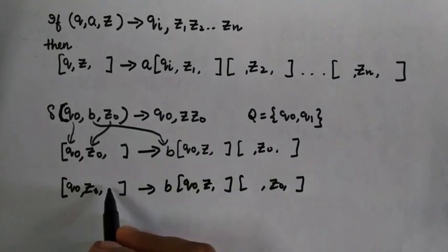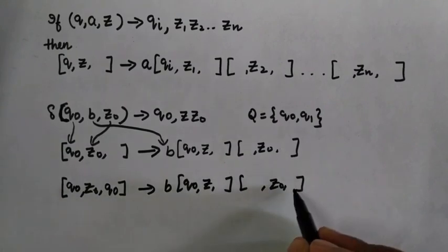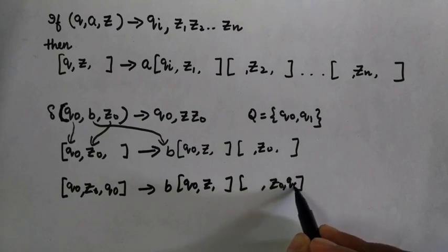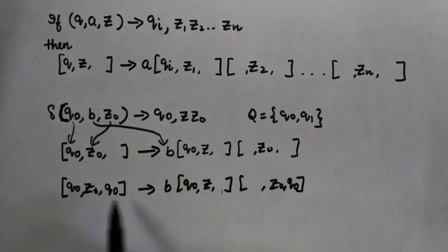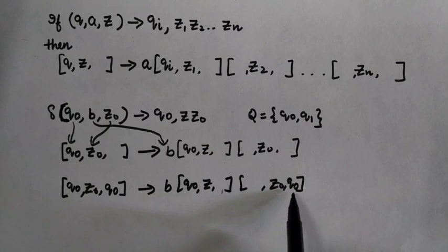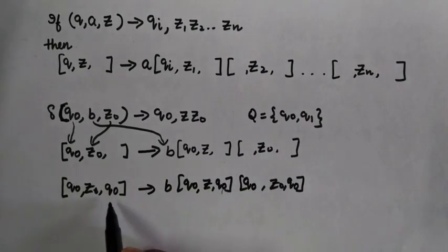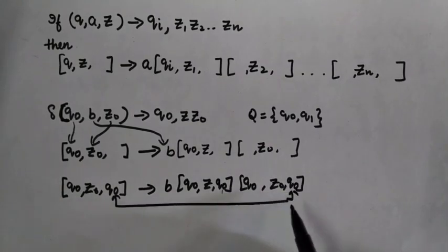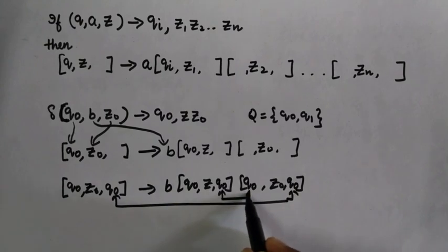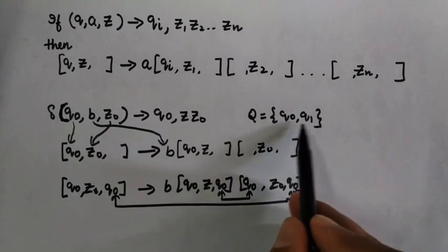So we will write first Q0 here, and if Q0 is here, then this state will be the same. So we will write Q0 here, and here we can write, first we will write Q0, then we will write Q1, keeping this the same. You see these two states are the same, and here these two states are the same, and we will make all the possible combinations of these two states.